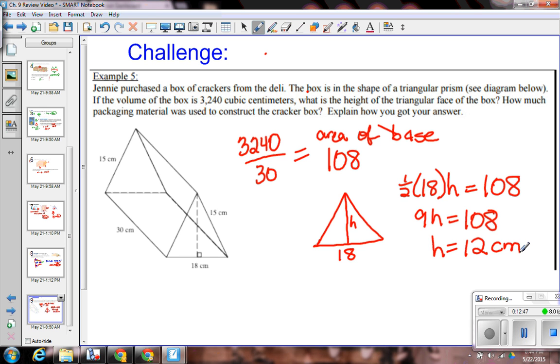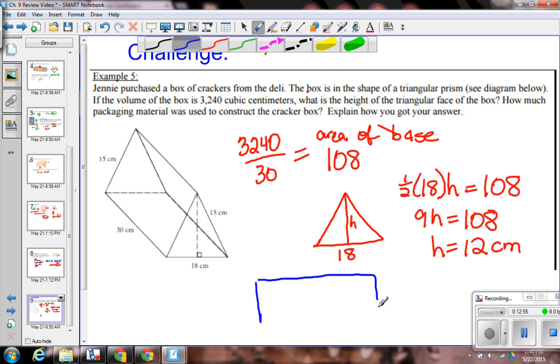And the second part is another surface area of a triangular prism, our favorites. So let me just quick draw that. Okay, so now we need the 15s that are the same on two sides of our triangle because it's isosceles. So we have a 15 and an 18 and a 15. And our height connects the two triangles, so that's 30.